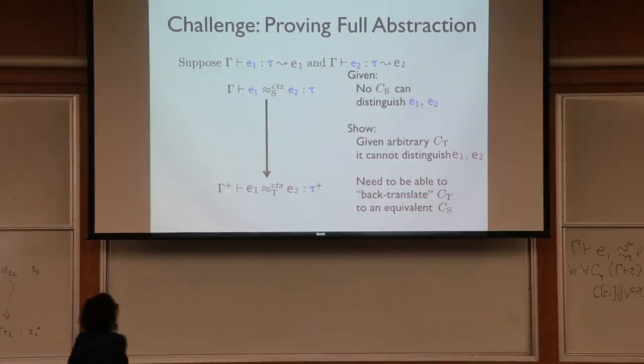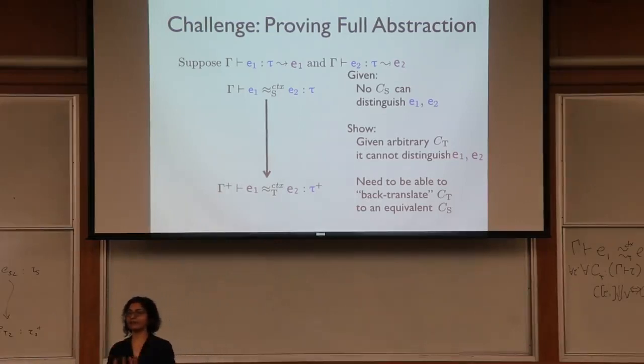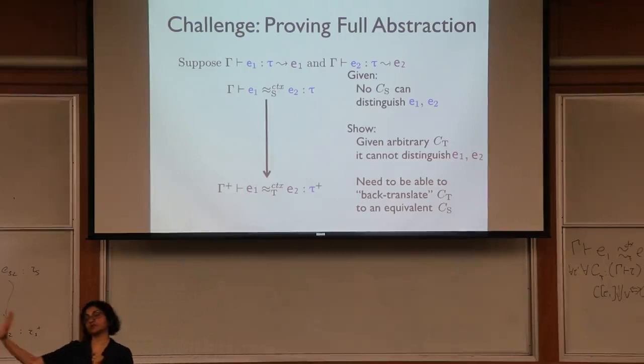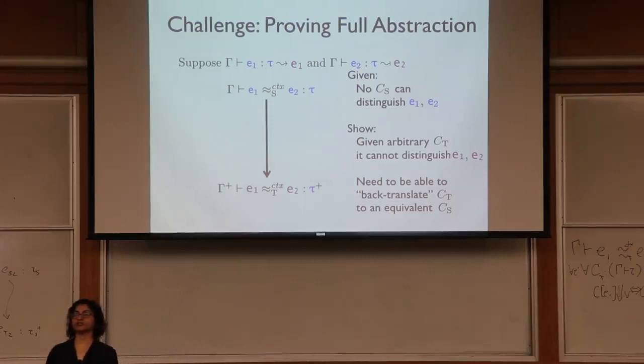But in a dynamically enforced setting, E1 and E2 are essentially wrapped with some sort of monitor or wrapper that is going to check every interaction with this target CT. Okay? And now what you have to do is show that CT with wrapped E1 behaves the same as CT with wrapped E2. And in order to do that, I can point you to a paper by Marco Patrignani and others, which is about a secure compilation result.